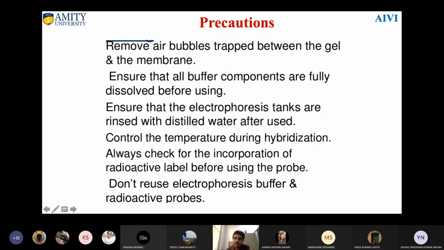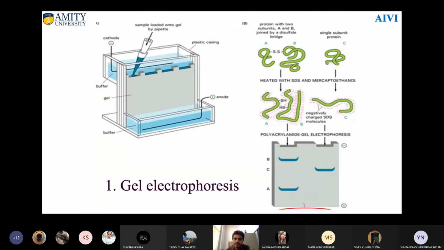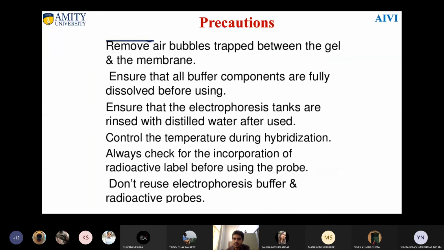Always check the incorporation of radioactivity well before using the probe. Don't reuse electrophoresis buffer, because it will lead to the degradation of your RNA. And the radioactive probe also you should not reuse every time, because it may also be a source of degradation of your mRNA.